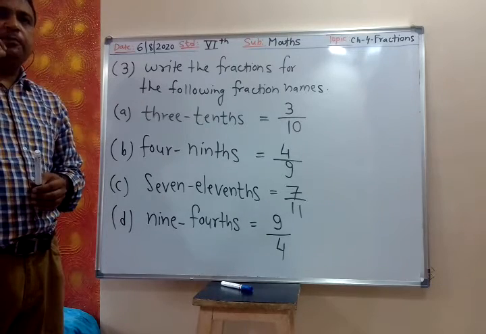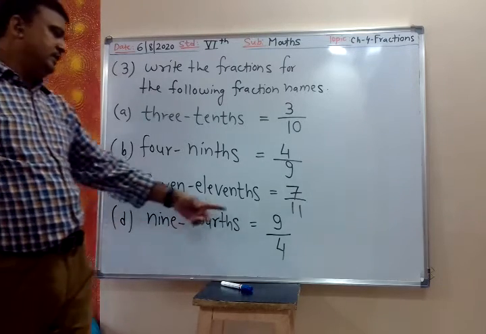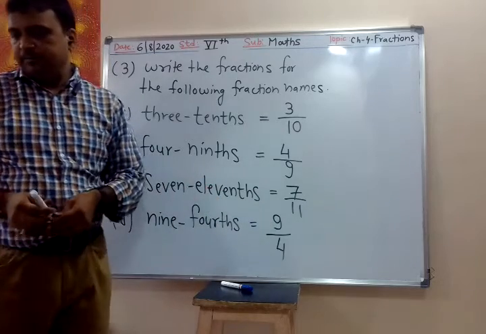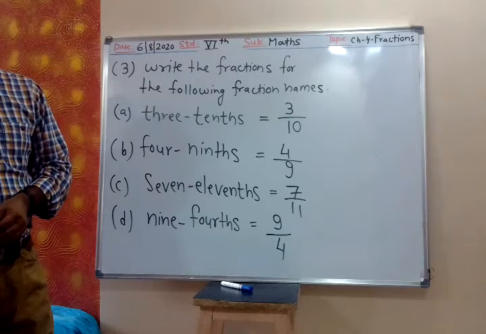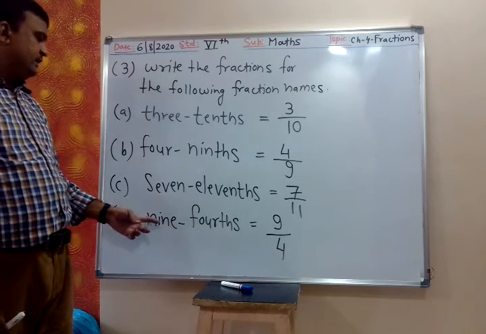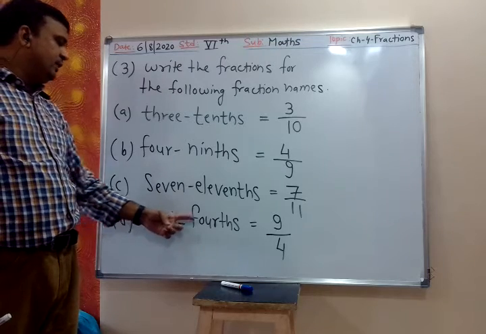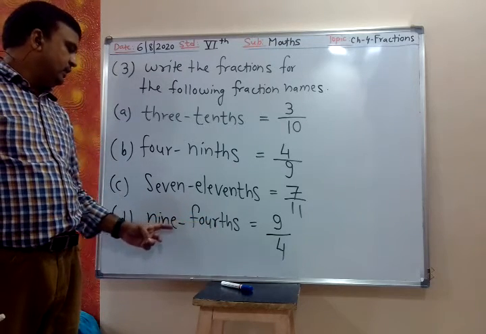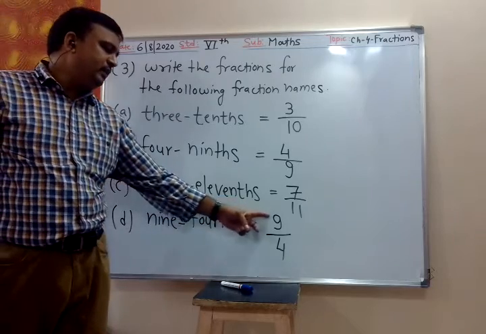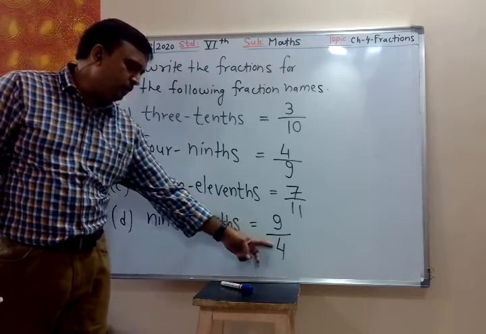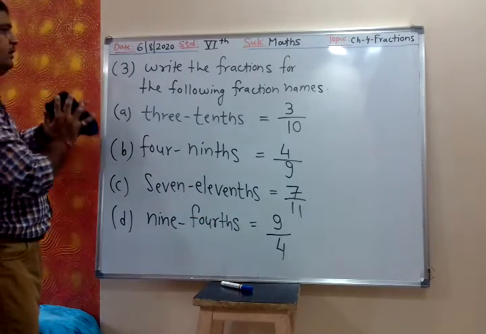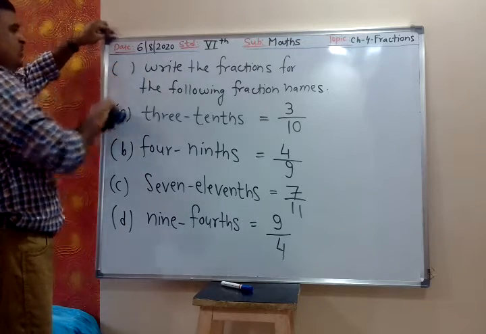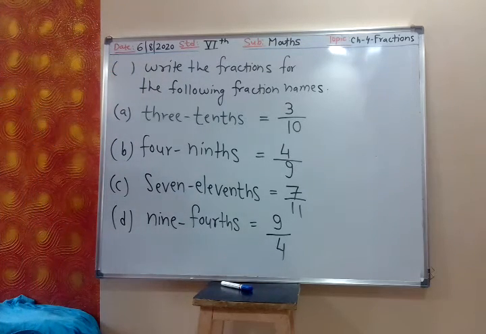We only shade the proper fraction. 9/4 means total there are 9 parts, and they are fourths. So the first part we write in the numerator, 9. Second we write in the denominator, 4. So 9/4. You don't have to shade.